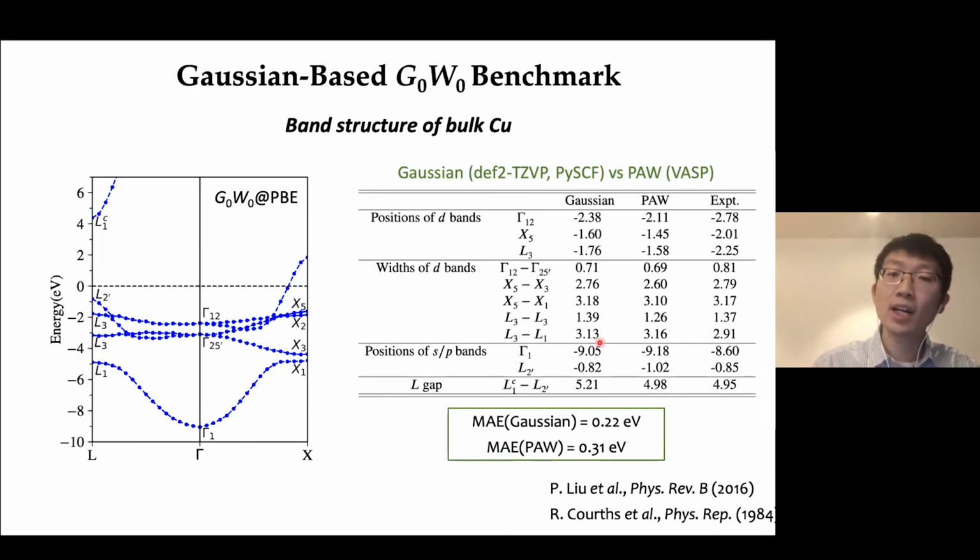By computing the positions of different bands and also widths of d bands, we find that our Gaussian-based method performs very similarly compared to PAW methods. Even the mean absolute error seems to be slightly smaller, which indicates that the Gaussian basis is also reliable for doing metallic system GW calculations.